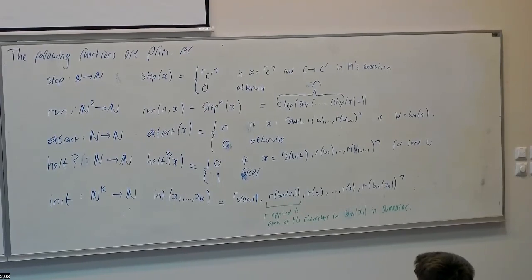But if we do find such a number that leads to a halt state, then we use minimization to find that number. Then we simply run the Turing machine for that number of steps from the initial state, and then we'll get the encoding of the halt configuration from which we extract the number that is left on the tape.